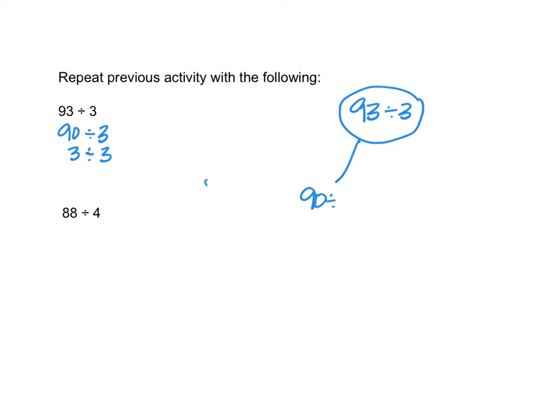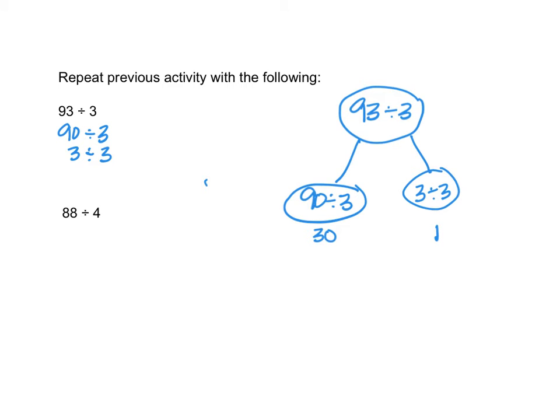If we say that in unit form, that's 9 tens divided by 3. Well, 9 tens divided by 3 equals 3 tens, or 30. So we're going to put that there. 3 divided by 3 is 3 ones divided by 3. 3 ones divided by 3 equals 1.